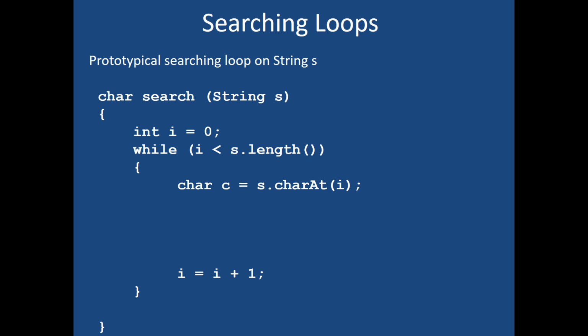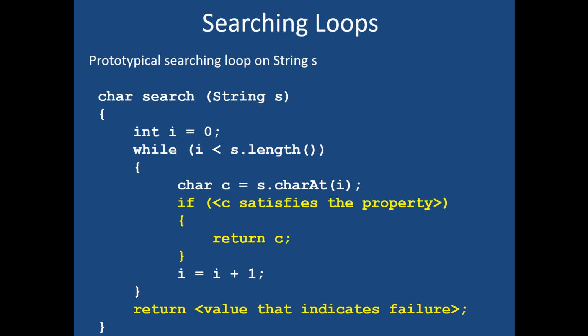Yeah, same thing. We add an if that says, if c is what we're looking for, we return it. And if the loop terminates, then we return some value that indicates that we didn't find the thing we were looking for. So it's the same way with accumulation loops.